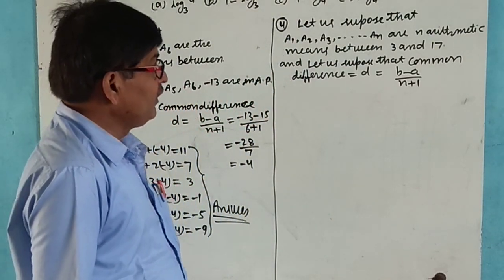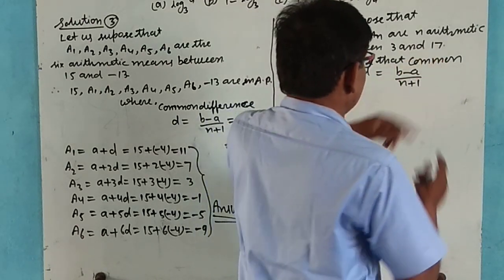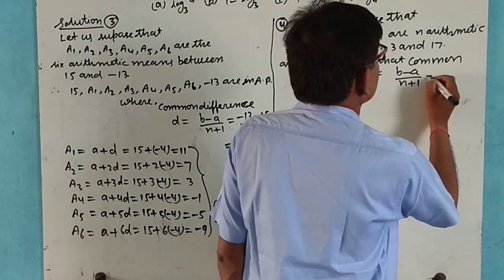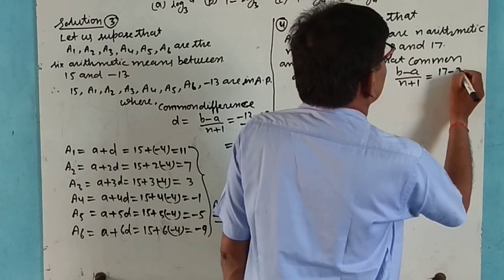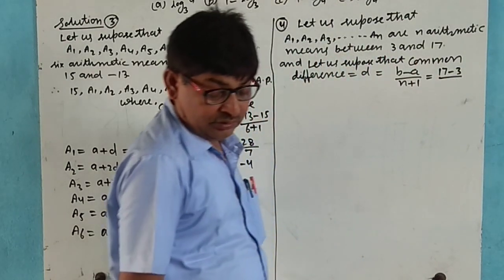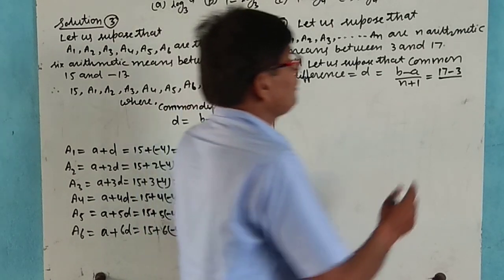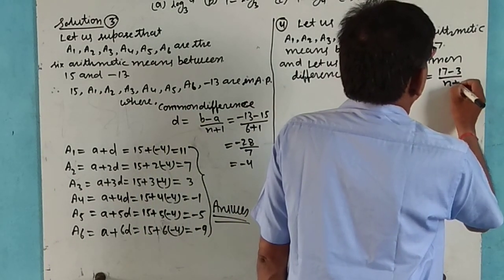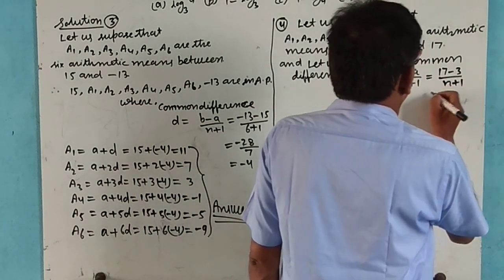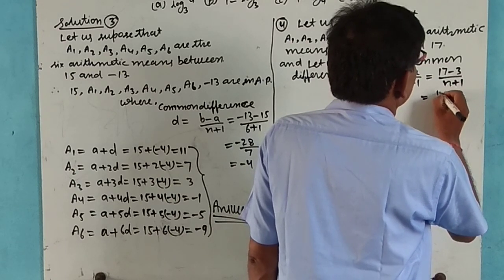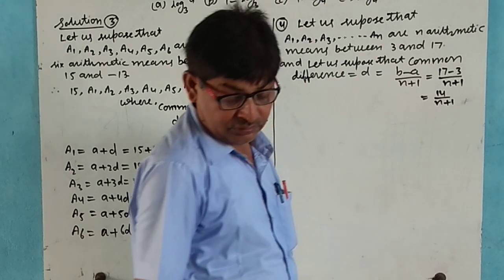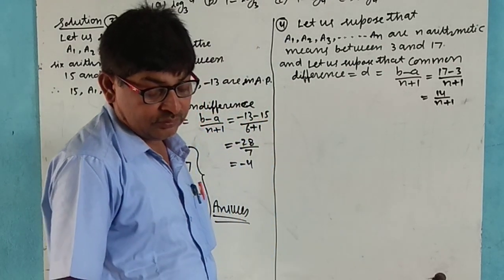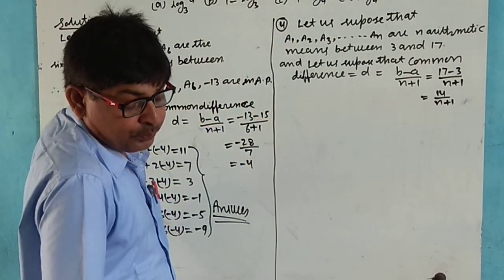Now, in this case, B is 17 minus A equal to 3, divided by n plus 1. It means that this is equal to 14 divided by n plus 1.